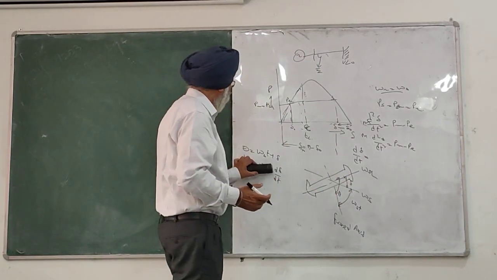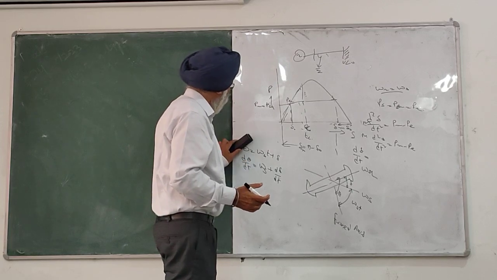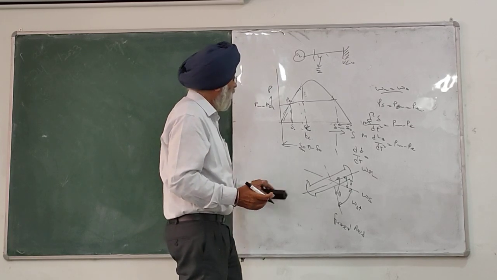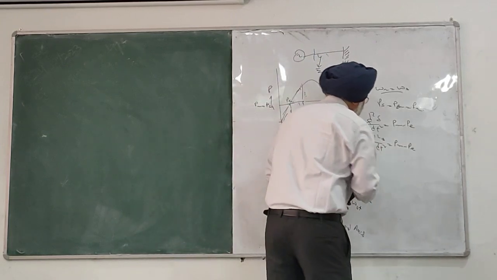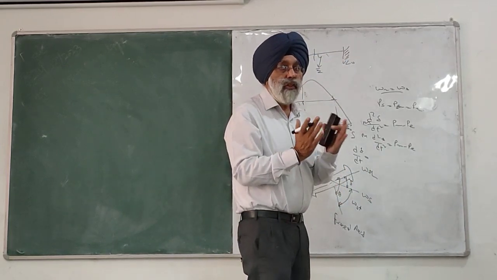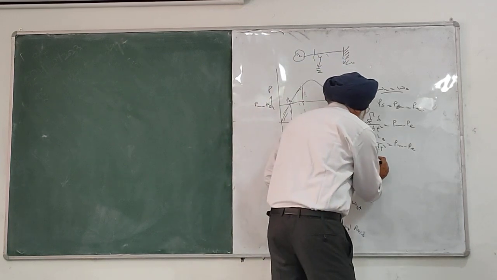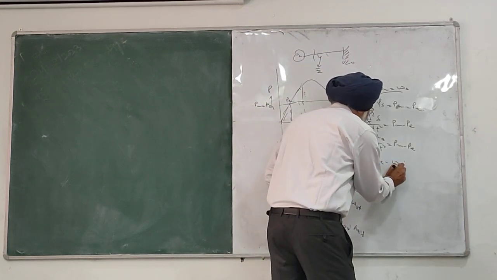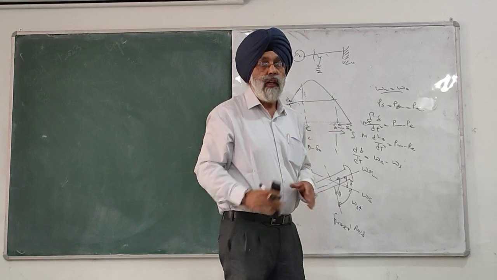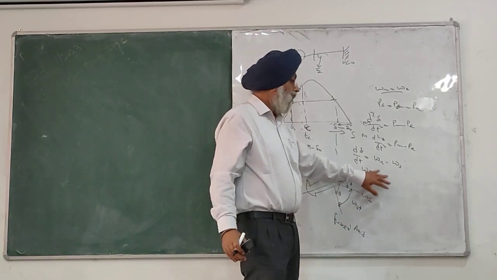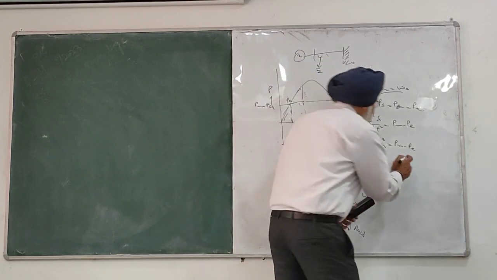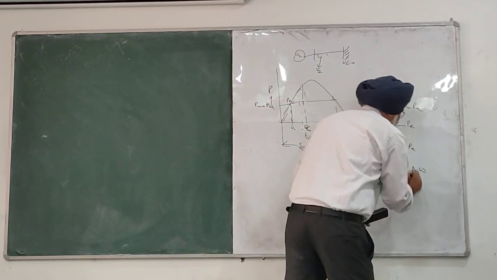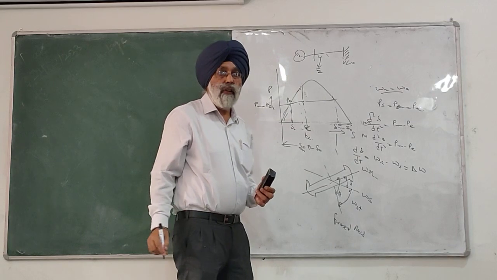Earlier our rotor was rotating at a synchronous speed. So d delta by dt is the change in velocity, omega r minus omega s. It is the change in velocity, which we can say is equal to delta omega.